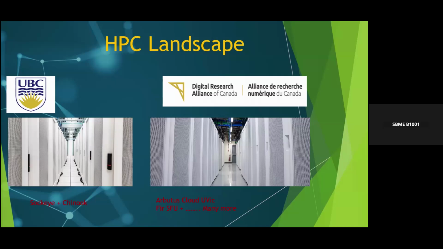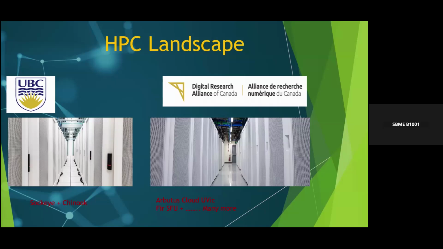They are operating a system which is called Niagara. Again, there will be a new system at SciNet as well, which will be called Trillium. Then within Ontario as well, we have a system which is called Graham. And right now, the new system will be called Rockwell.